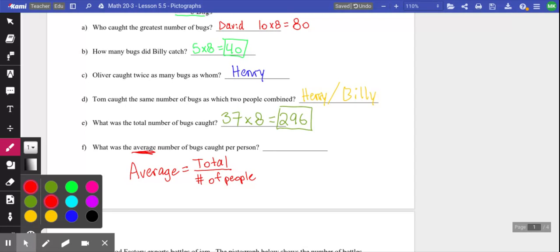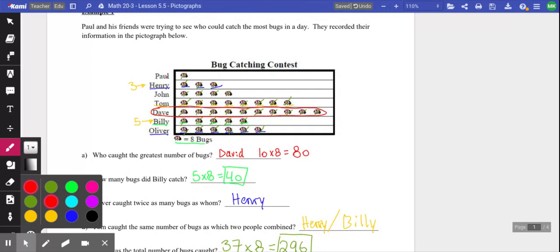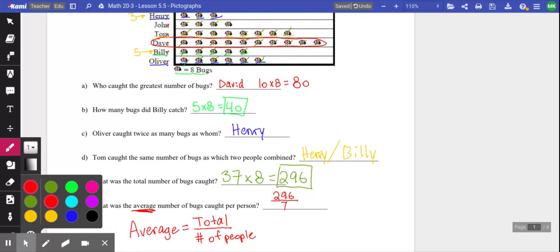So to figure out my average number of bugs caught per person, I would take 296, which is the total number of bugs caught, and divide it by however many people there are. So I would divide it by 1, 2, 3, 4, 5, 6, 7 people. 296 divided by 7 will tell you the average amount of bugs caught was 42.3 bugs. It's the average amount caught.